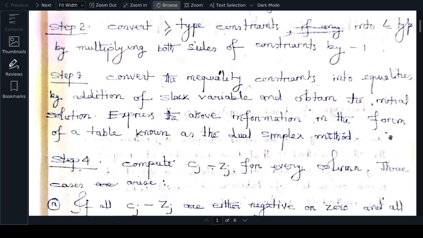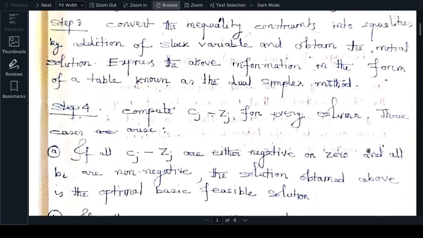Okay. Next, step 4, this is the important one: compute Cj minus Zj for every column. Means what? Next we calculate the delta j value. Cj minus Zj is the same as delta j. Delta j equal to what? Cj minus Cb into Yj.